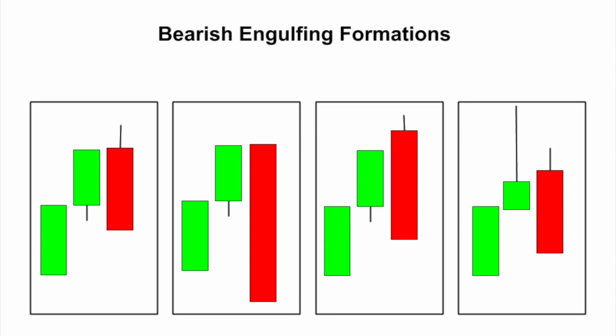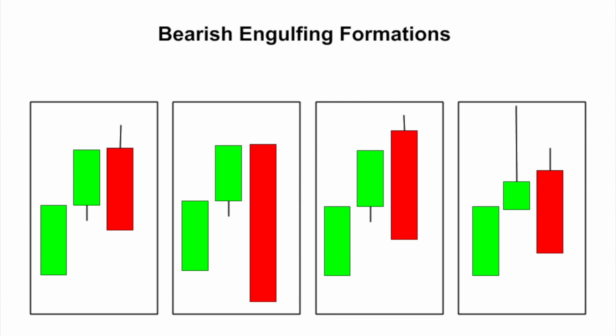The second one is like the first one, with the difference that the red candle is bigger. This is still a bearish engulfing pattern. 1/3 is the minimum, but it often happens that the red candle covers 2 or more green candles completely. This is a stronger pattern compared to the first one because the strength of the bears is stronger.